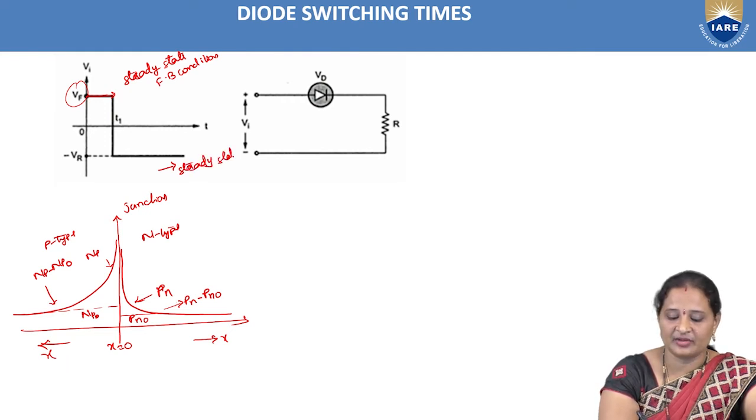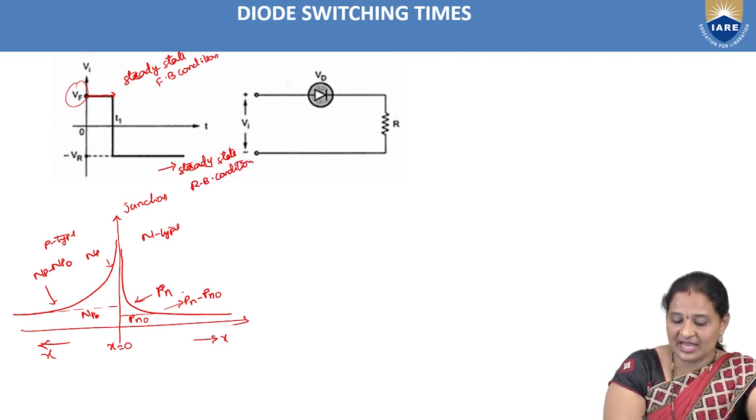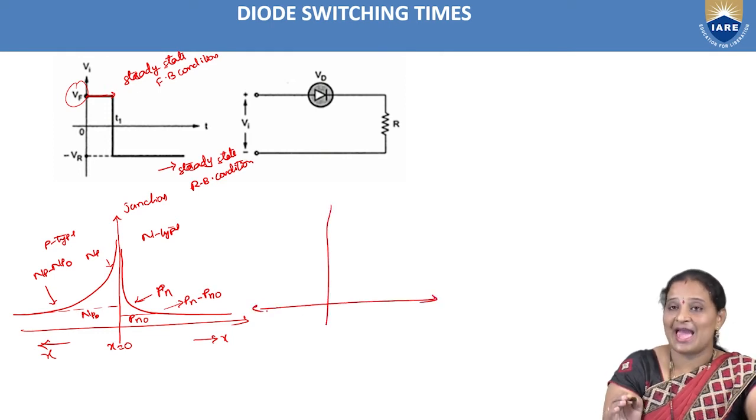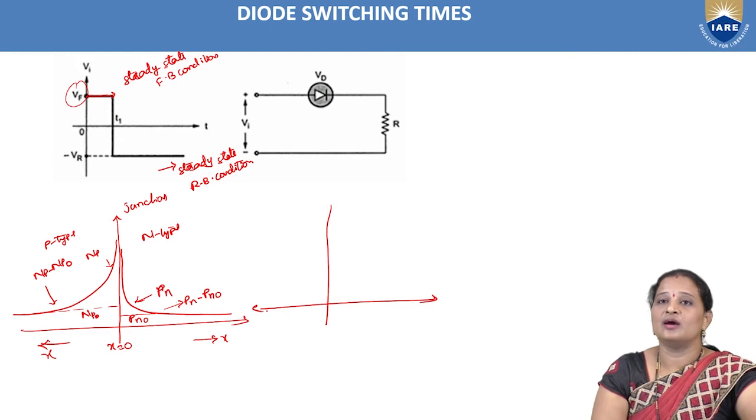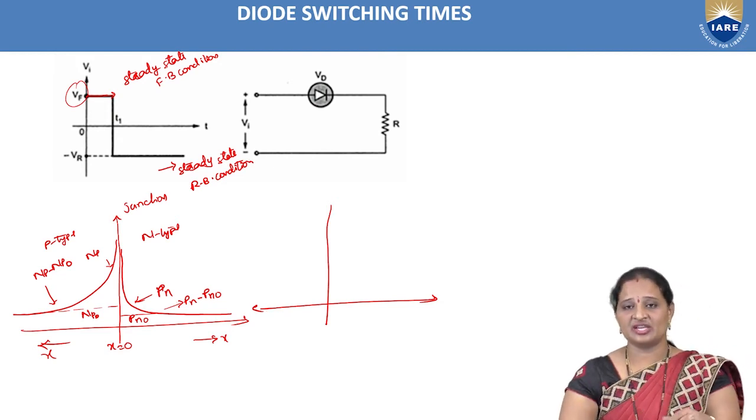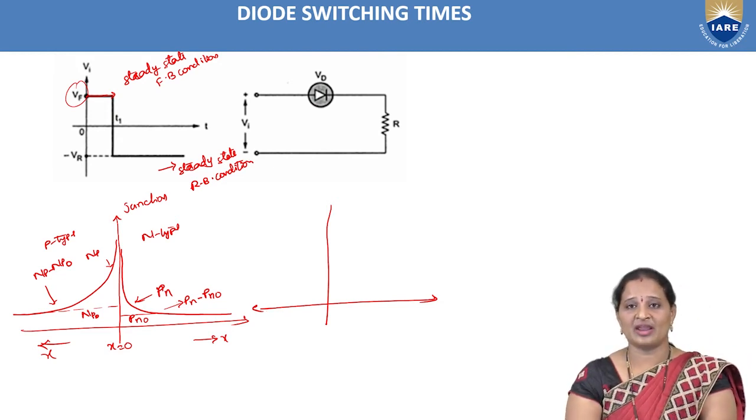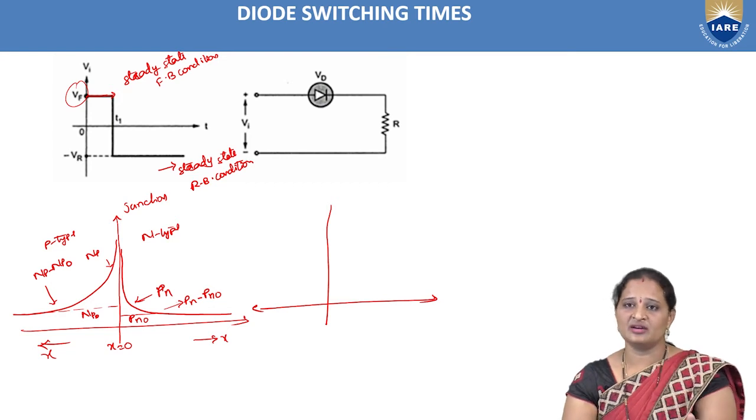In order to achieve this, we cannot directly remove the minority carrier concentration near the junction.